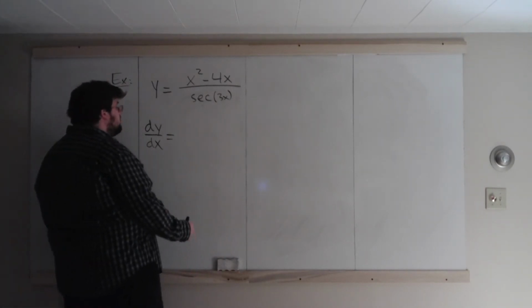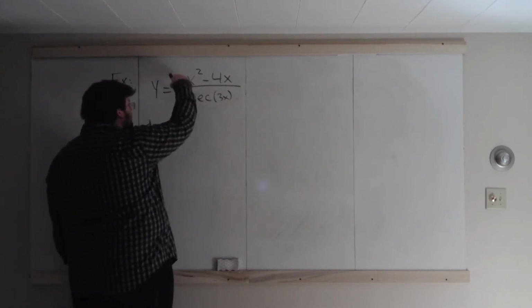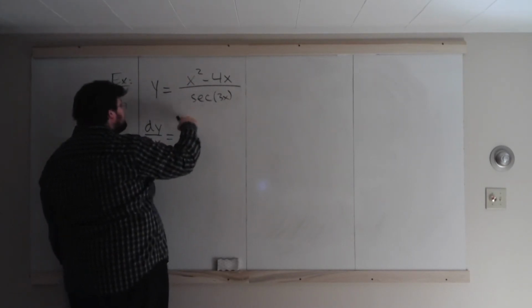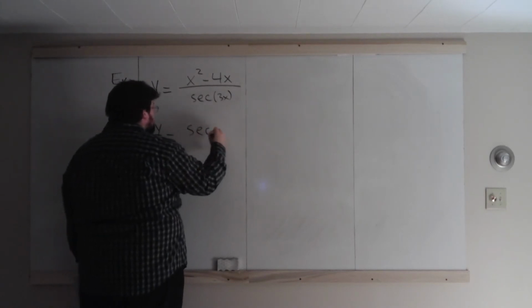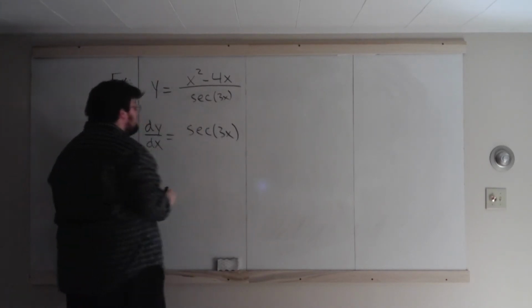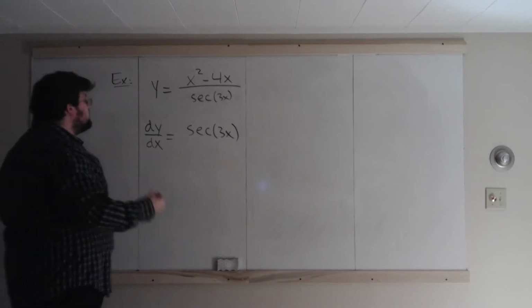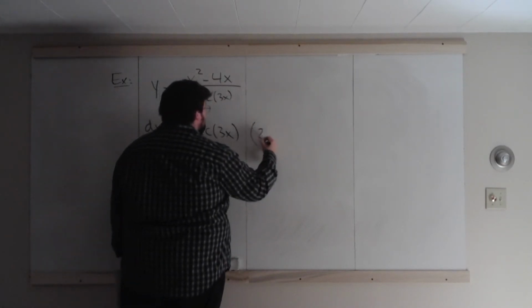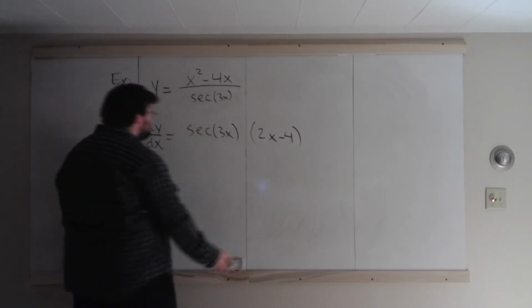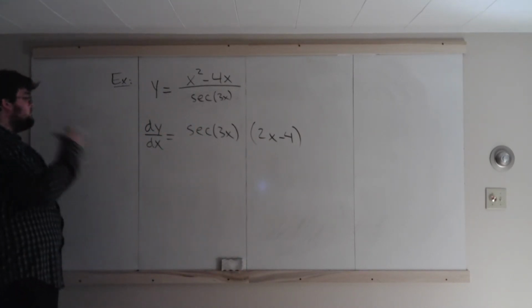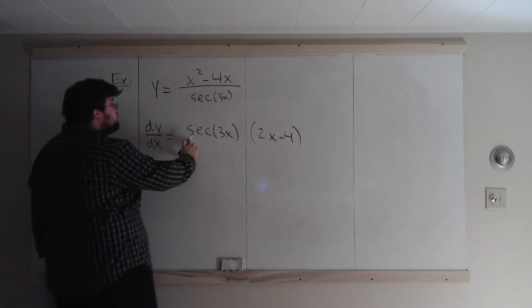What's the quotient rule? Derivative of quotient is bottom derivative top minus top derivative bottom over bottom squared. So what did I say? Bottom. Let's write bottom. Bottom is secant of 3x. Derivative of the top, I'll leave it as a 4. So we have bottom derivative of the top.